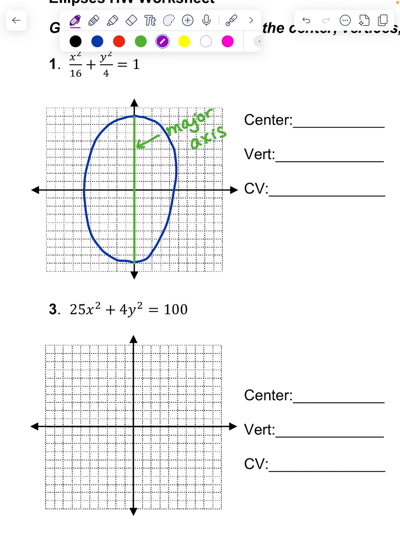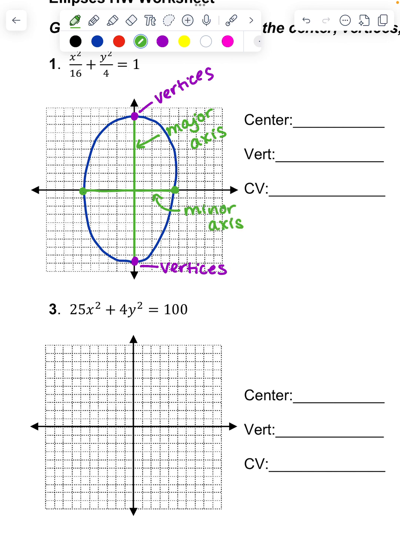On a major axis lie the vertices. Now on the smaller axis, like this one, and my drawing's not the best, but you get the point, this is called a minor axis.